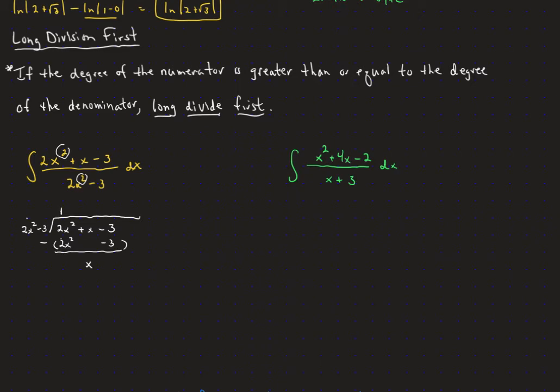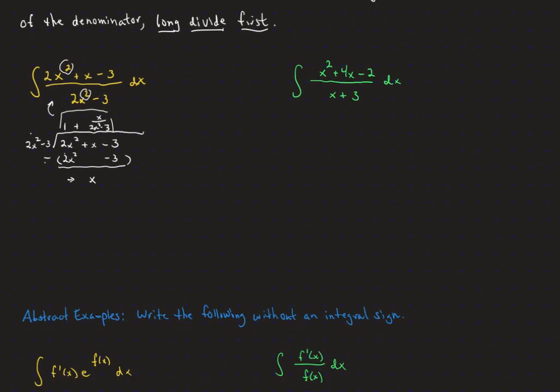The x will come straight down, and the minus negative 3 will cancel the other negative 3, and so this will be our remainder. We're going to take our remainder over what we divided by. So this quotient is equal to the original. So our integral now becomes 1 plus x over 2x squared minus 3.